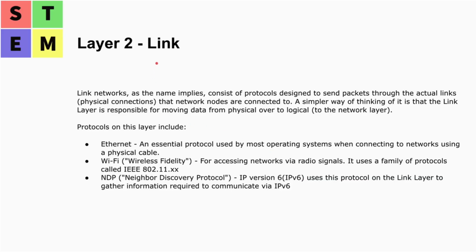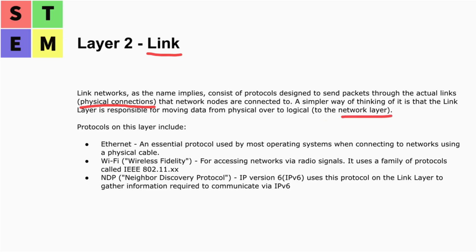And the next layer is layer 2, the link layer. As the name implies, it consists of protocols designed to send packets through the actual links, the physical connections. A simple way of thinking of this is that the link layer is responsible for moving data from physical over to logical.